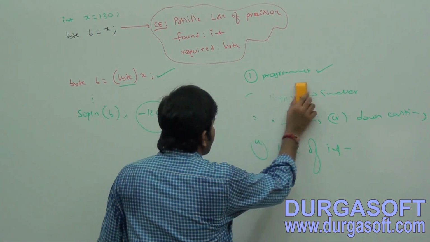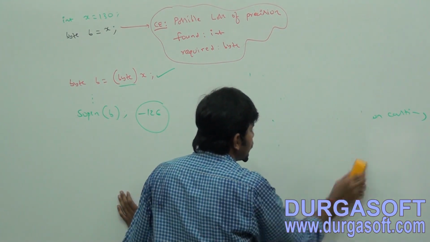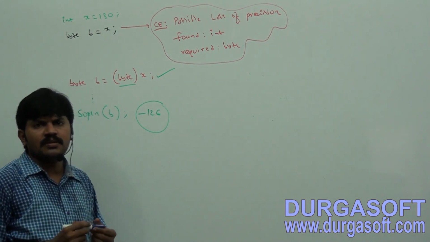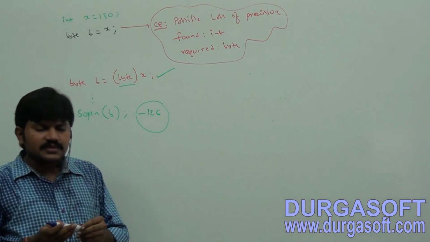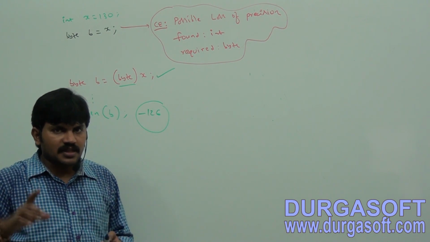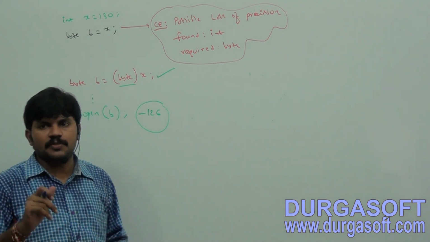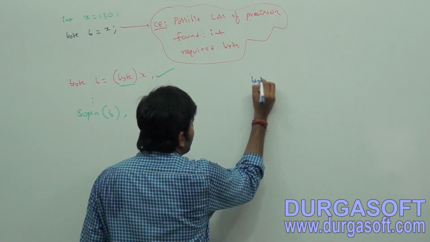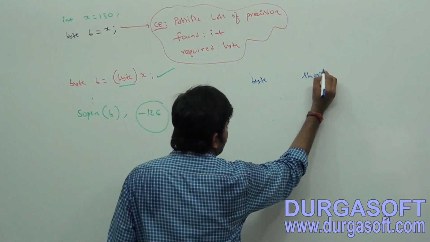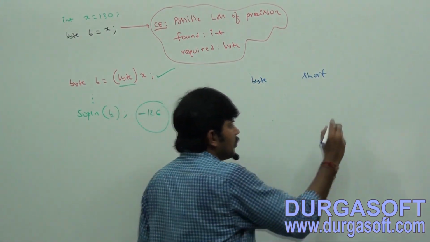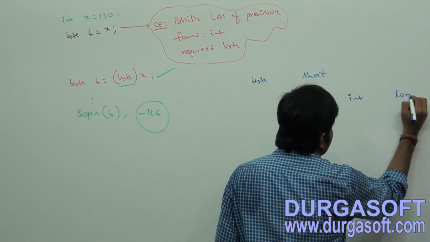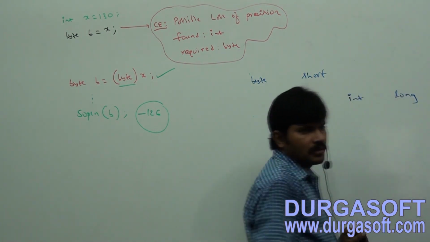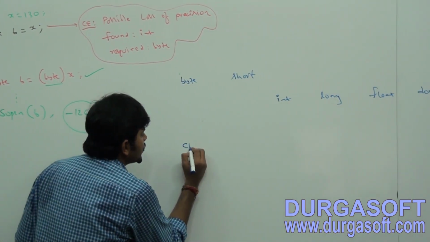Now observe this one. What are the various cases where explicit typecasting is required? We have byte, short, int, long, then float, double, and char is also there.